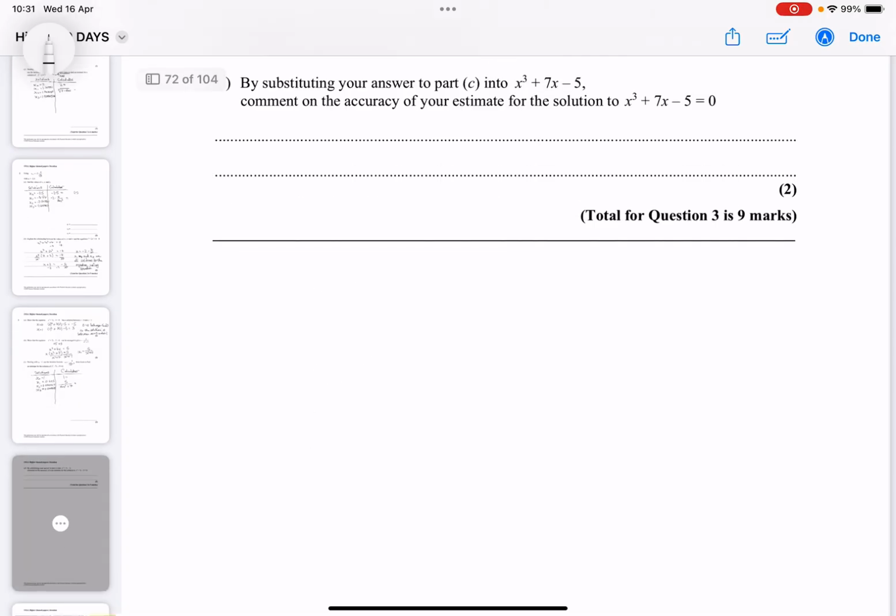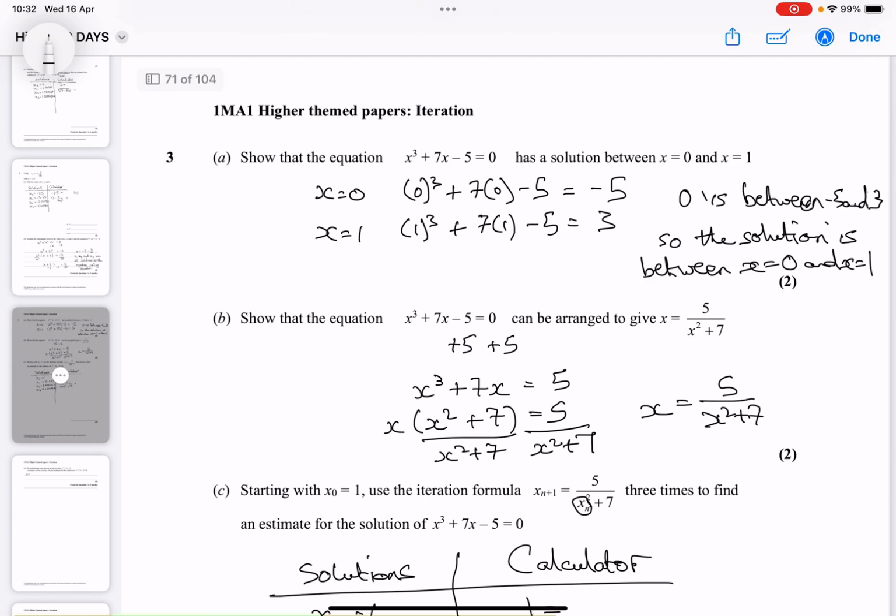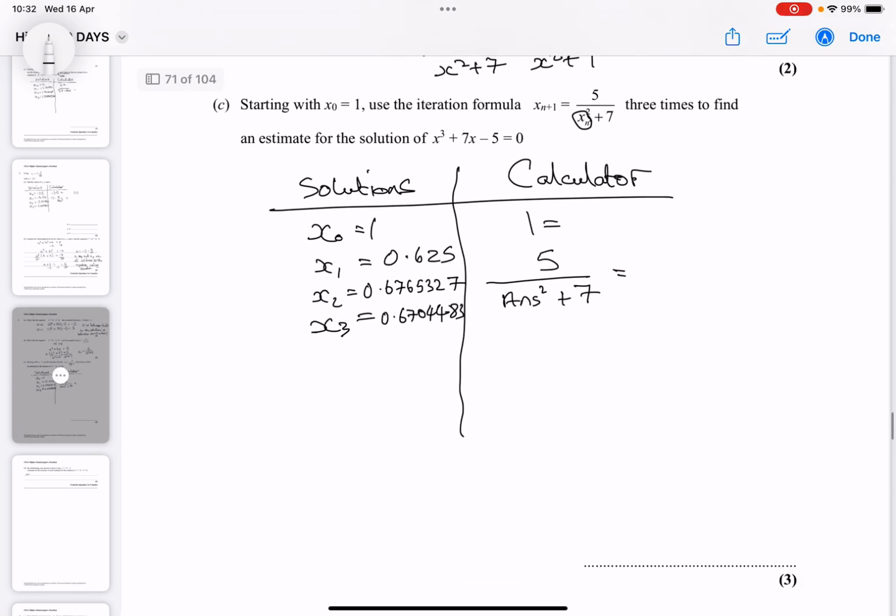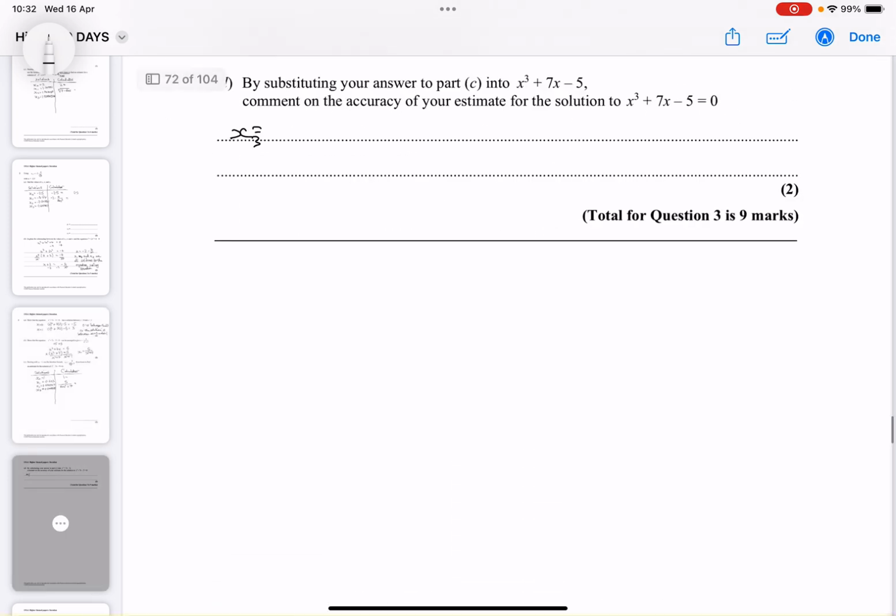By substituting your answer to part C into the equation, comment on the accuracy of your estimate for the solution. Now I've got that answer, x3 equals 0.67044830001.